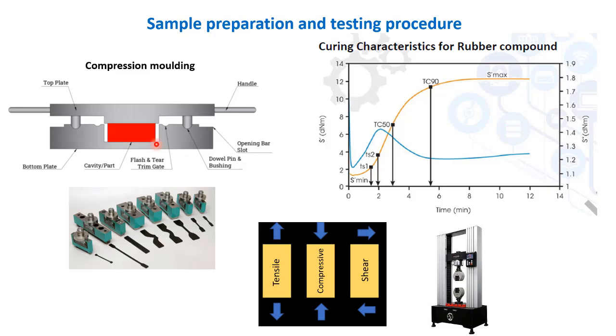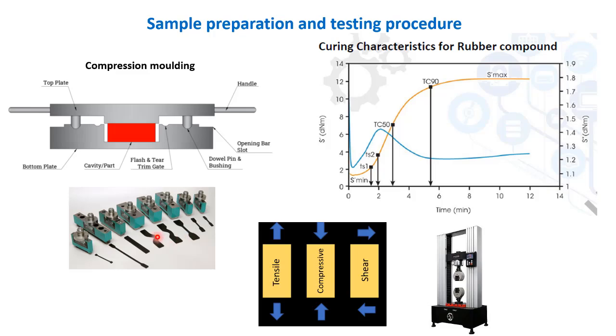The material is filled in the cavity, and then the top plate is pressed over this material so that it takes the form of the cavity. And that is how we can prepare multiple specimens of different dimensions, or basically samples.